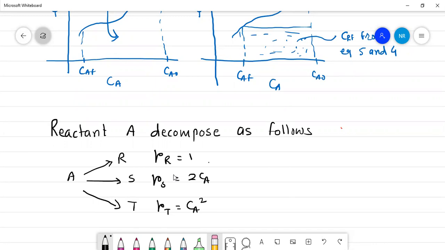Now determine the maximum concentration of desired product. Here R is the desired product.